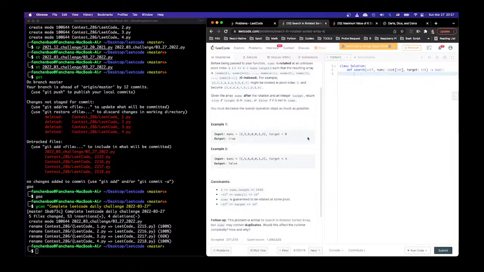Yeah, we still need to know. So every time we get a mid out, we still need to know if it's on the right hand side.